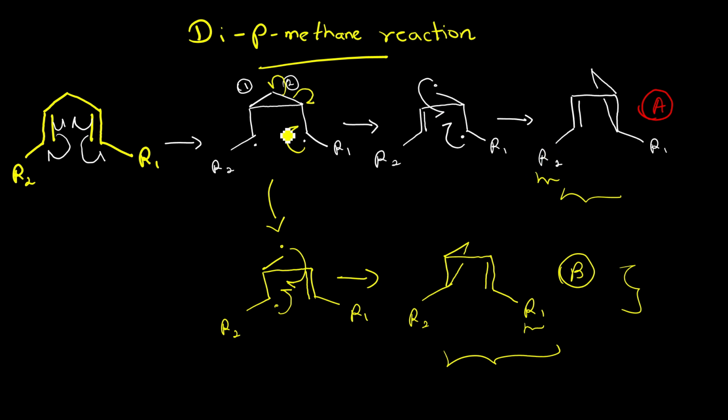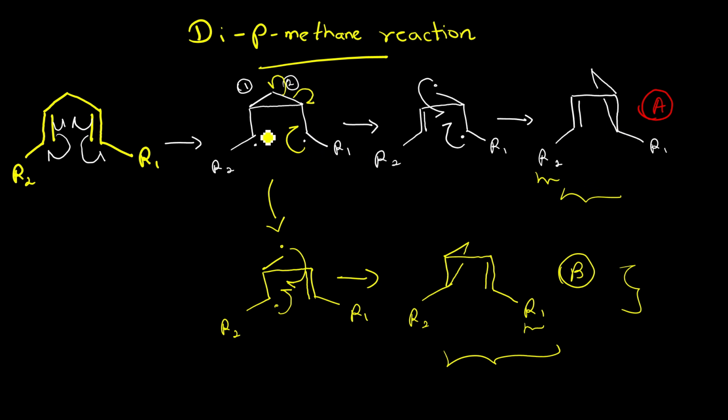The strength can vary based on the substitution: these R groups or other groups attached to these points can alter the strength of these two bonds. So based on the molecule, the product ratios would be different.